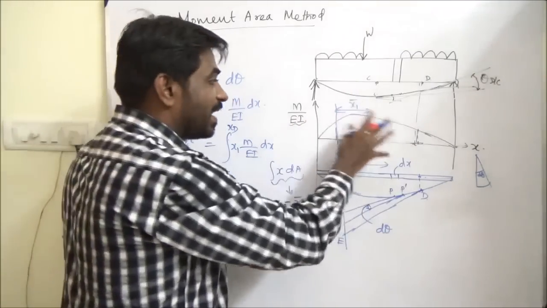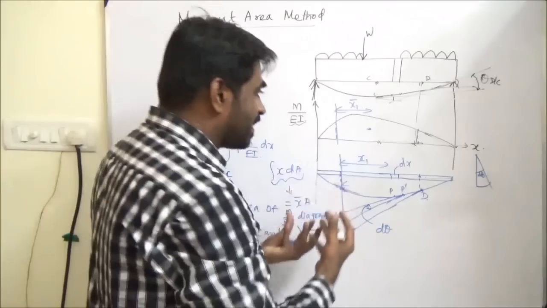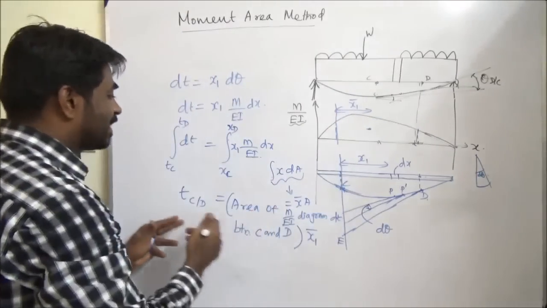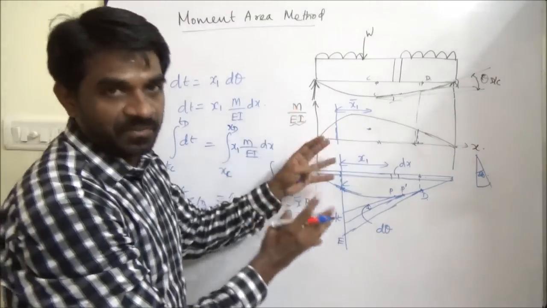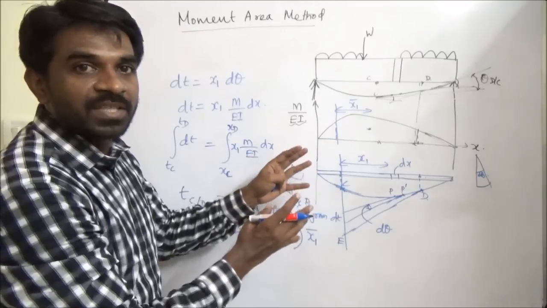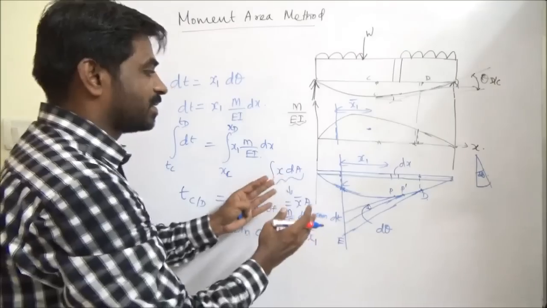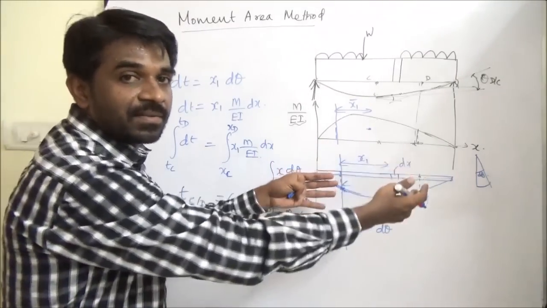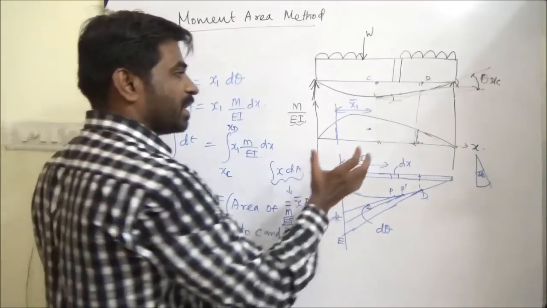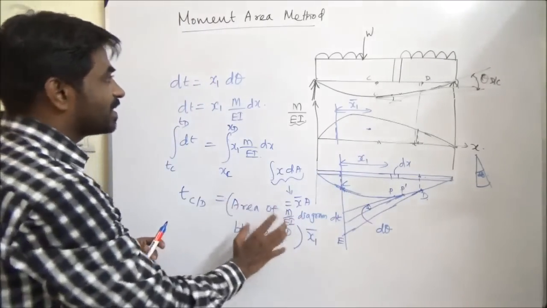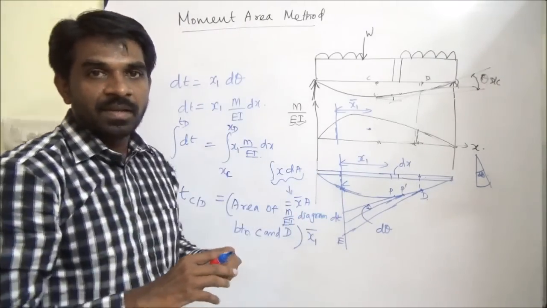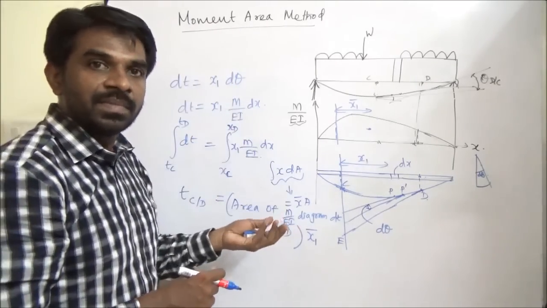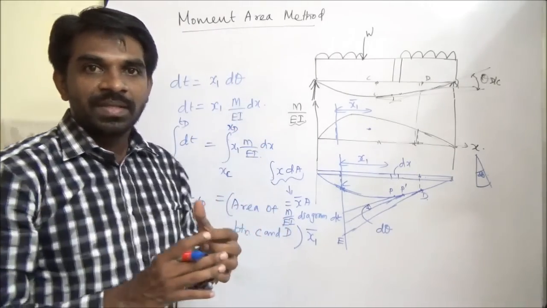So this is the area. So if we know the area and the location of centroid, directly we can get the deflection, the required deflection at any point. Sometimes it is different, sometimes one will go to 0, so the other one can be obtained. Okay, is this clear? So this is second theorem or moment area second theorem, which corresponds to the deflection.